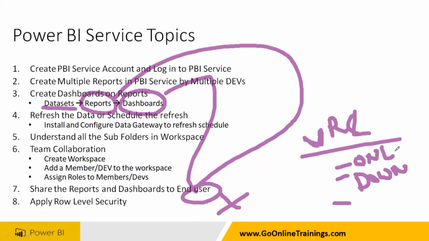Online he can see the report at app.powerbi.com, click on workspace, and see the report online. He can also download the report in PDF or Excel format, however he needs it, or get the report in his email.